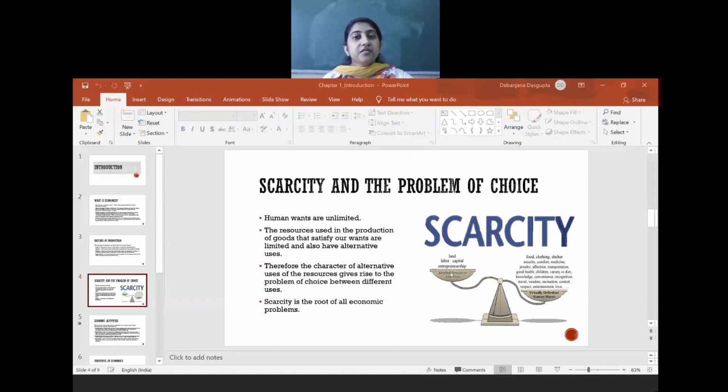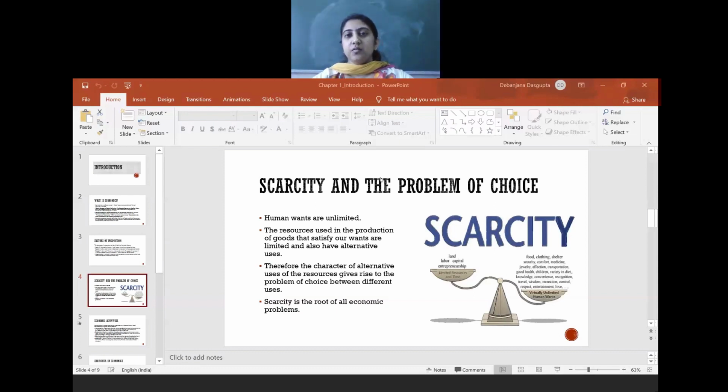So the factors of production or the resources that we have are limited. However, human wants are unlimited, and these resources can be put into alternative uses. So, there comes the problem of scarcity and the problem of choice.